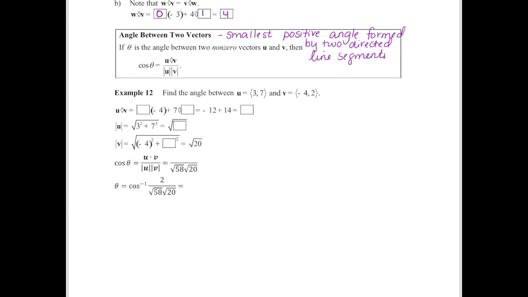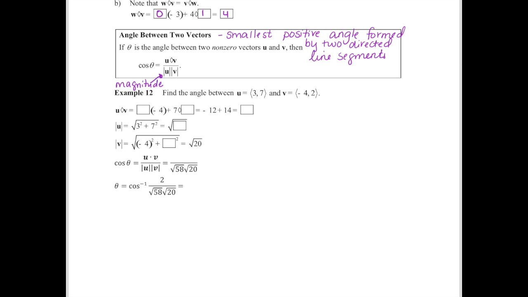To find the angle between two vectors, if theta is an angle between two non-zero vectors u and v, then cosine of theta is equal to u dot v over the magnitude of u times the magnitude of v. So recall, when I have vectors in here, we're looking for the magnitude.